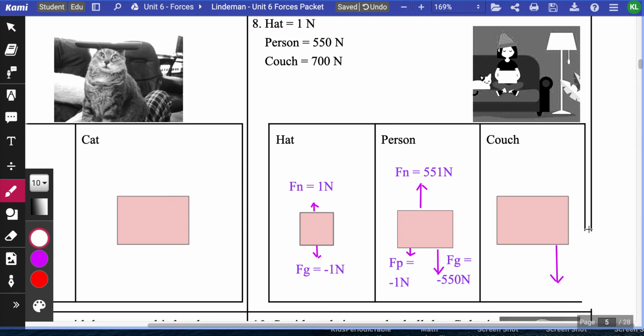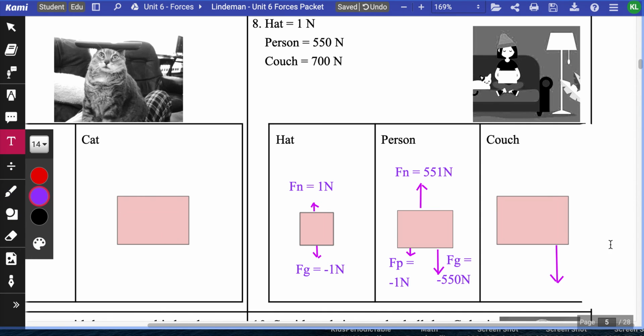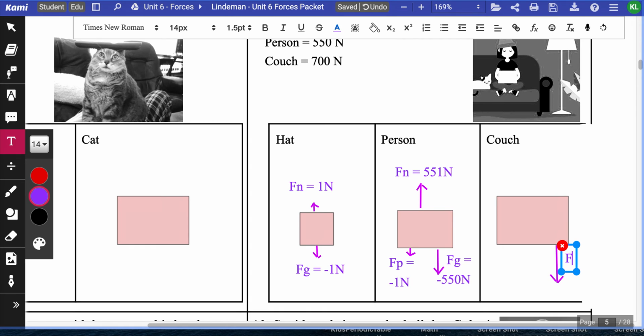Okay, and I'm just making some space for myself here. So Fg is equal to -700 newtons.